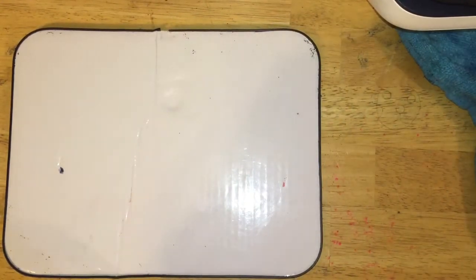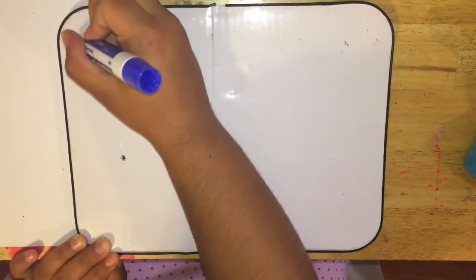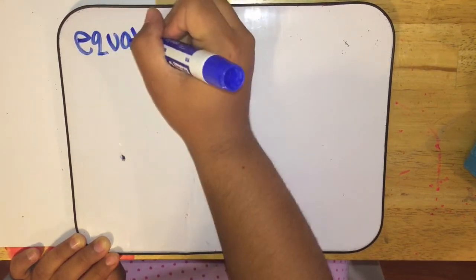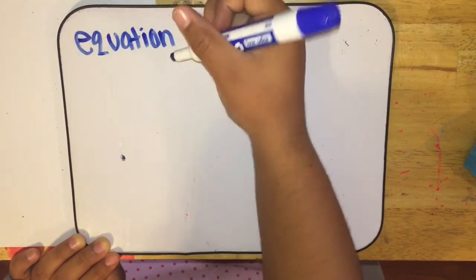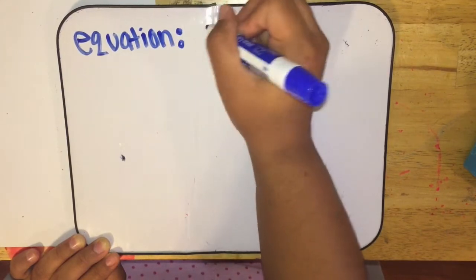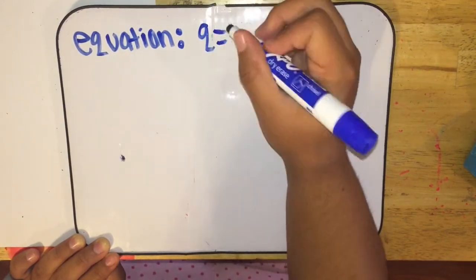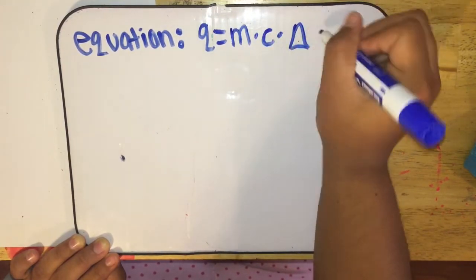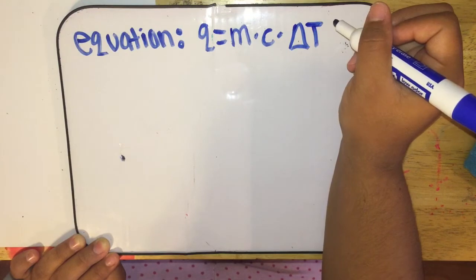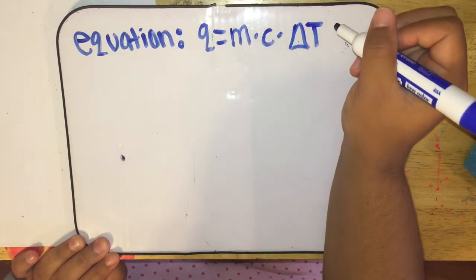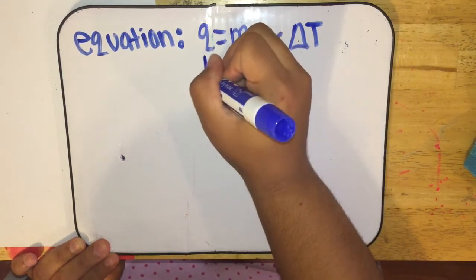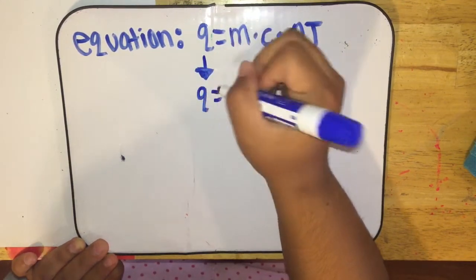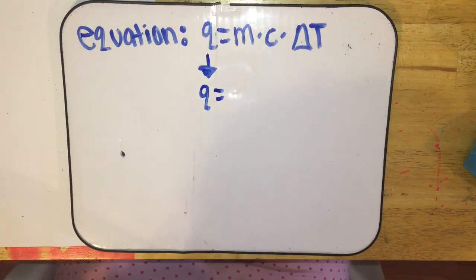Now that we have our variables and units, we need to plug it into our equation. We'll be using the equation Q equals M times C times triangle T. Q is in the front because that is what we are trying to find, the amount of heat.